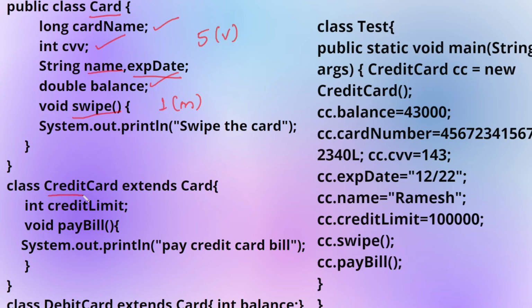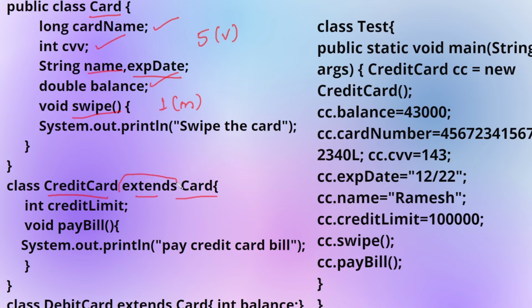Now, class CreditCard extends Card. When you write CreditCard extends Card, these 5 variables of your card plus the method of this card will be extended here. No need to write them again here; they are just understood.